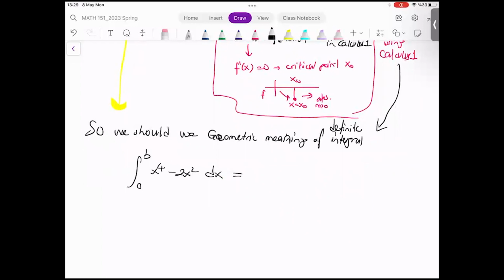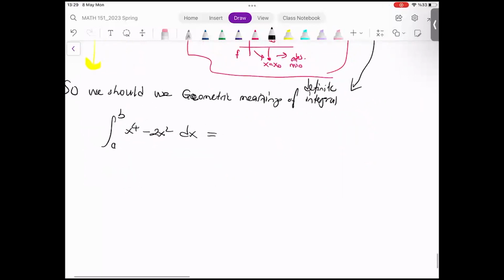The result of this integral is what? It is the total area under the curve. Let me recall something before we start that part. Recall the area under the curve and the definite integral, how they are related. Let's say your function looks like this, f of x, okay?